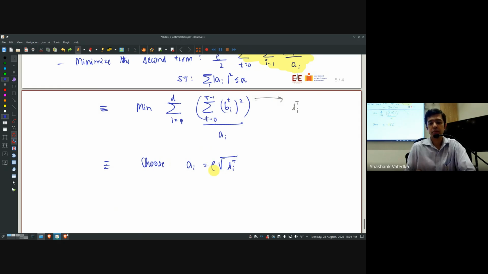So some constant times this is proportional to the square root of S_i,t, depending on the energy constraint that you impose.